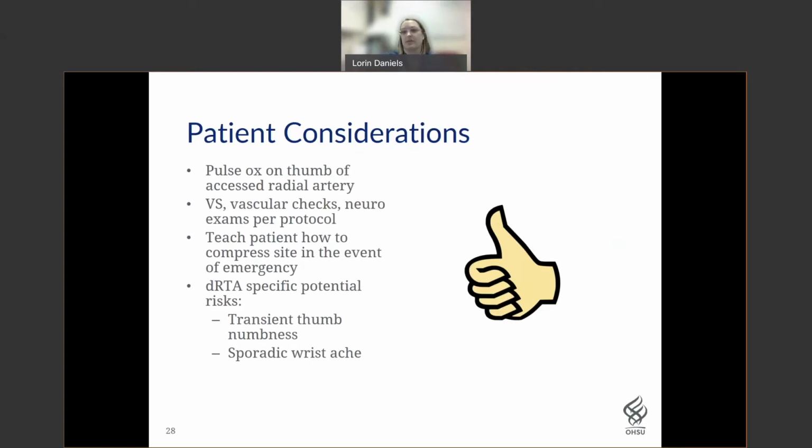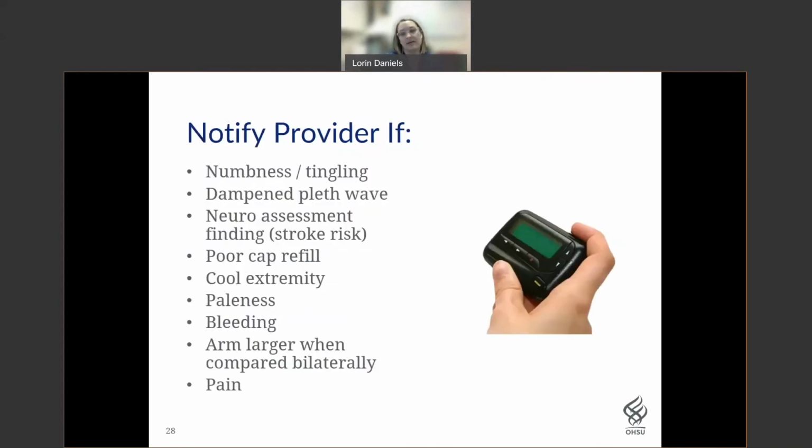So getting into a little bit more detail about things that we should escalate, let's talk about notify the provider if. Like we talked about, numbness or tingling, let them know. If that pleth wave gets dampened, let them know. If there's a new focal neuro assessment, let them know, because as we know, patients who are having angiography are at a stroke risk.